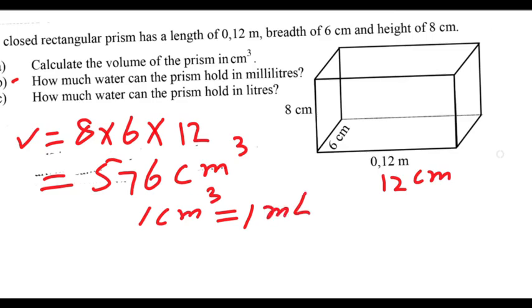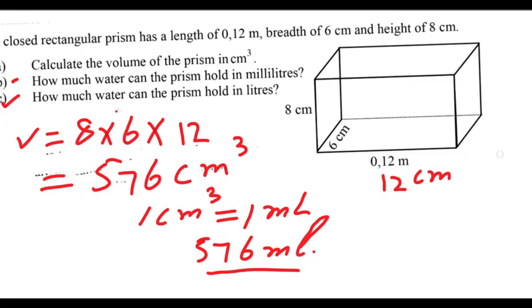Don't forget this one. So according to that, the capacity of the rectangular prism will be 576 milliliter. So this is my final answer, because 1 centimeter cube is equal to 1 milliliter.